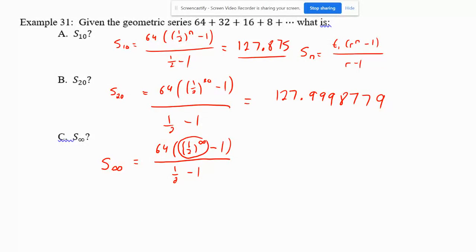Now, guys, the idea is, what's this answer over here? 1/2 to the infinity is infinitely close to 0. Okay, the guys over here, it's never actually equal to 0, but it's going to be infinitely close.